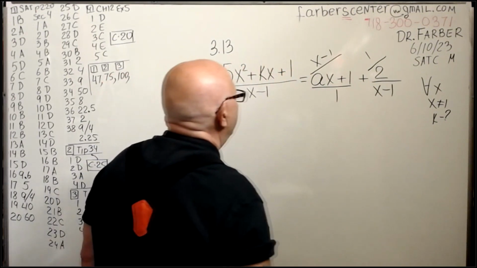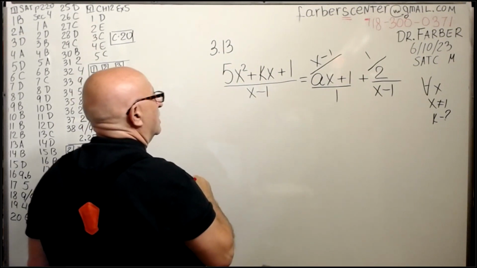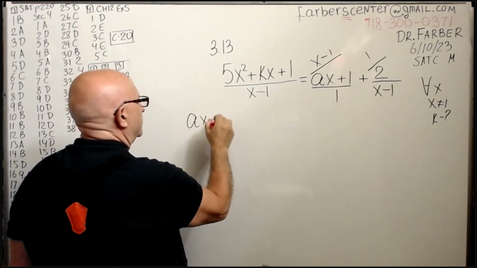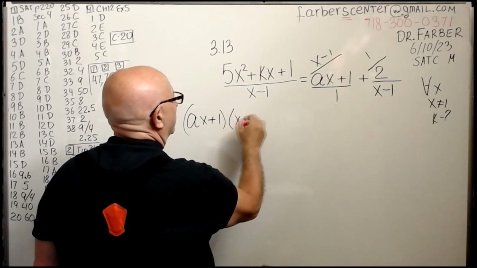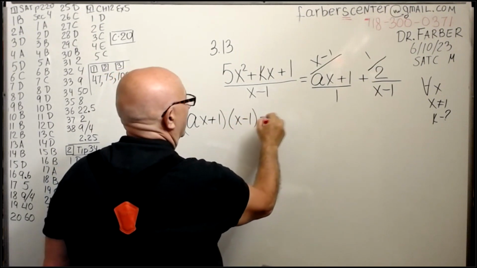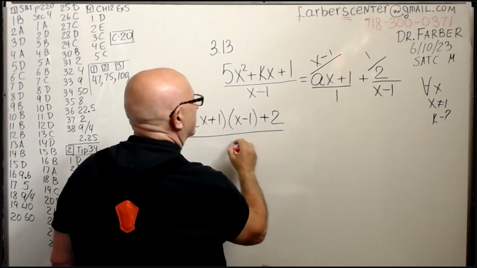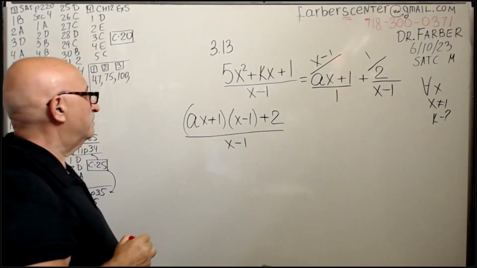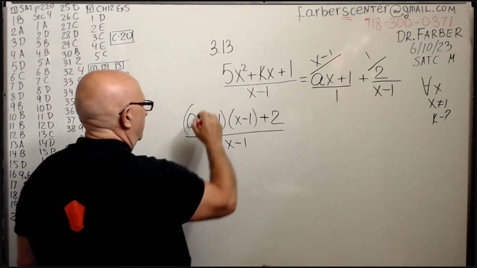And now I operate with the right part. I have (ax plus 1) times (x minus 1) plus 2, divided by x minus 1. So far so good. Now, distributive property.